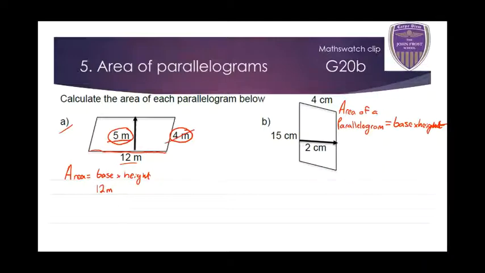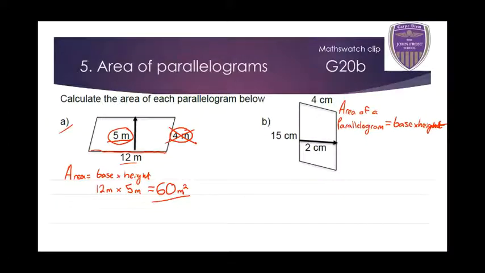So we don't need the 4 meters at all in this question. So 12 meters times the height we decided is 5 meters. So 12 times 5 meters, and so 12 times 5 is 60. And because this is an area and the units are in meters, it's going to be 60 meters squared. And that is the final answer to this question.